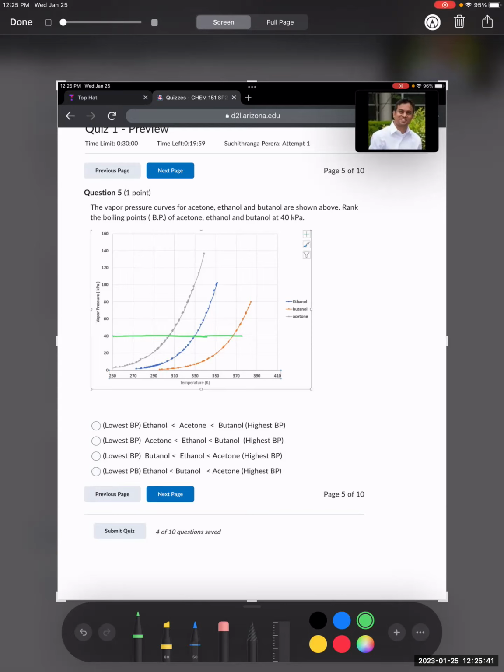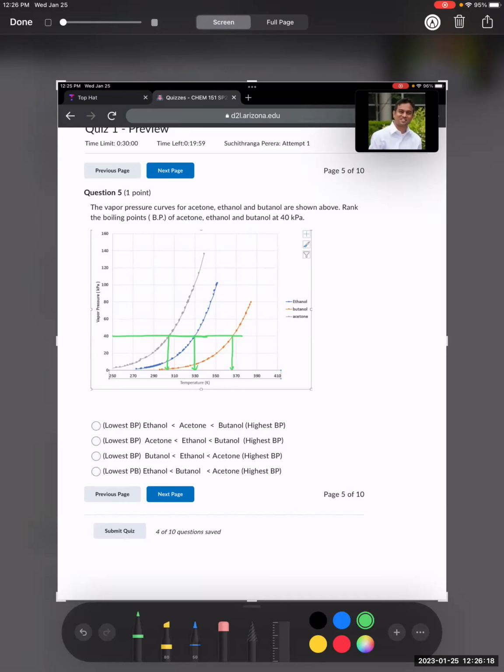Okay, so that is our external pressure, and then acetone will reach 40 kilopascals at the lowest temperature, and then ethanol, and then for butanol to reach the external pressure of 40 kilopascals, its temperature needs to be closer to around 380 or something like that, 360 or something like that.